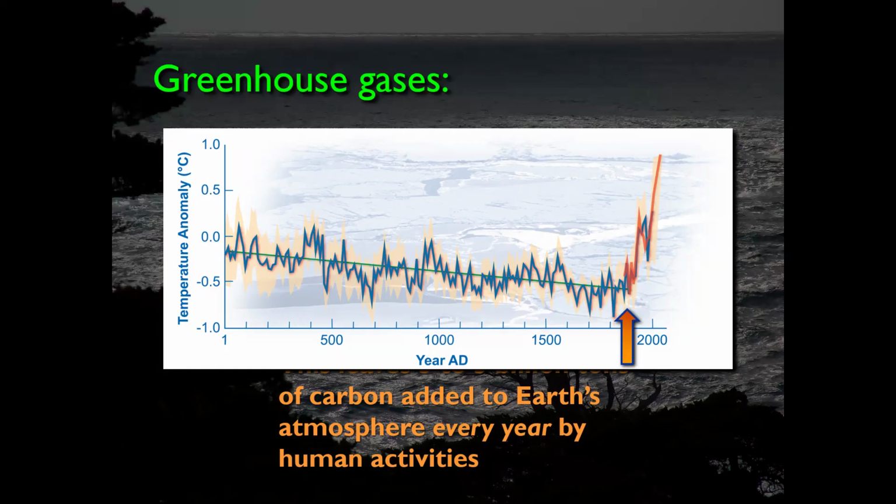It looks like beginning this last millennium, in the year a couple of millennia ago, in the Common Era, temperatures were declining globally, and then something happened right there. And what happened there was the onset of the Industrial Revolution, where we were continuing more and more to consume fossil fuels and produce other things that produce greenhouse gases that then drove the spike in warming that we see there.